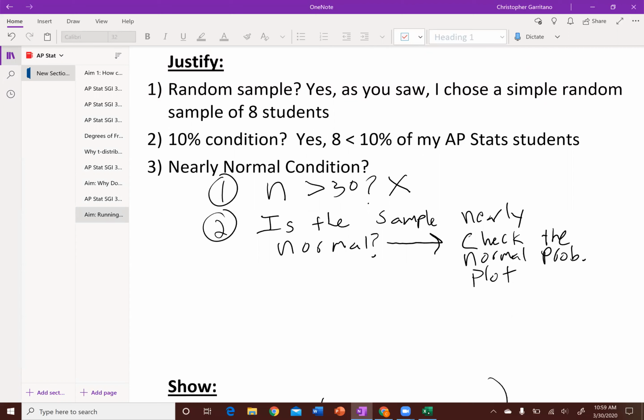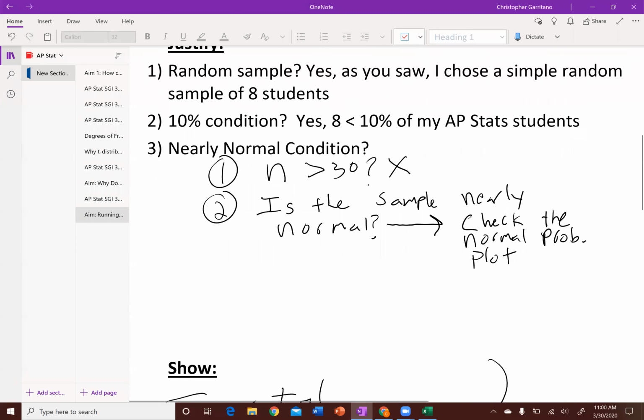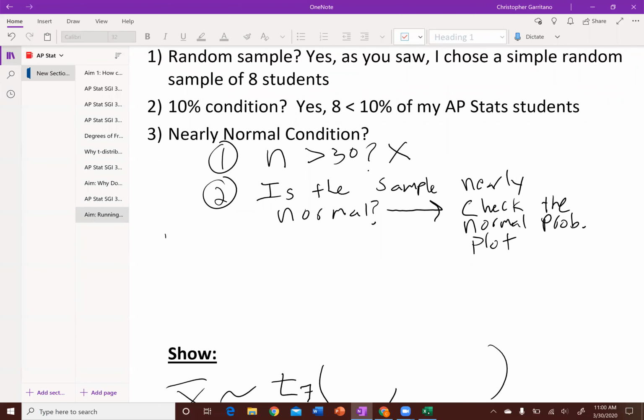Zoom 9. And in this case, the normal probability plot is, look, it's never going to be perfectly linear, but it's not too bad. Hopefully you're following along and you're checking on your own calculator, but I'll try to draw it.